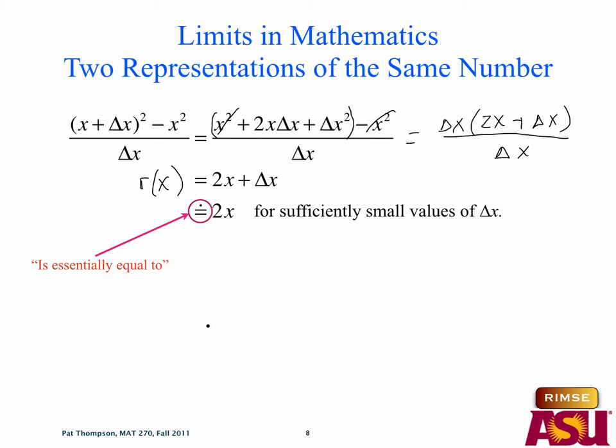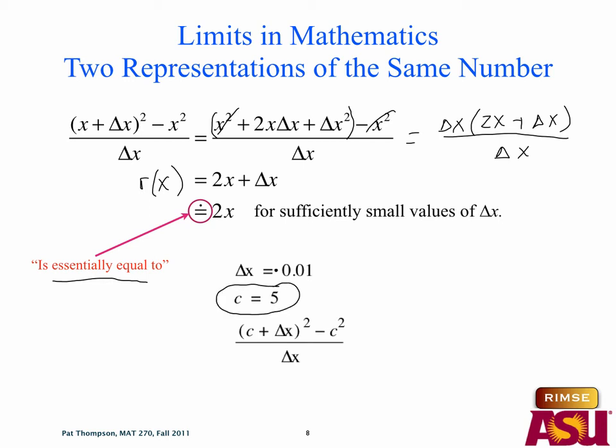Okay, and what do I mean by this is essentially equal to? I mean that if I were to pick a value for x and compare the value of this expression and what I get when I plug in my value into 2x, that they're basically good enough.